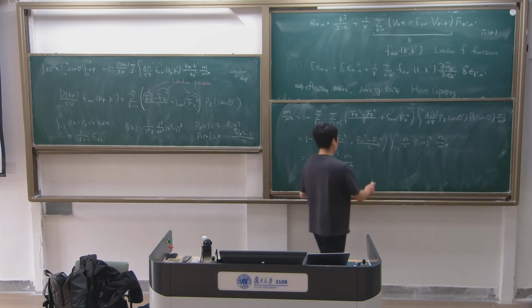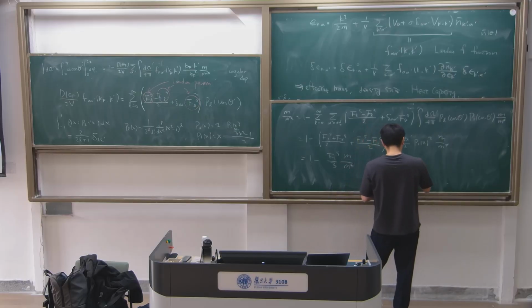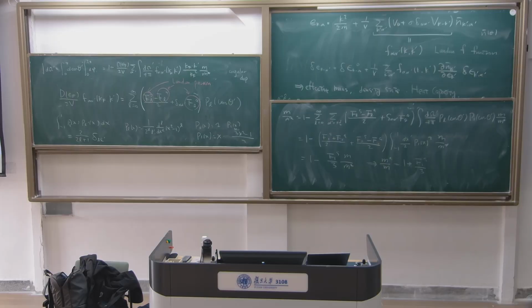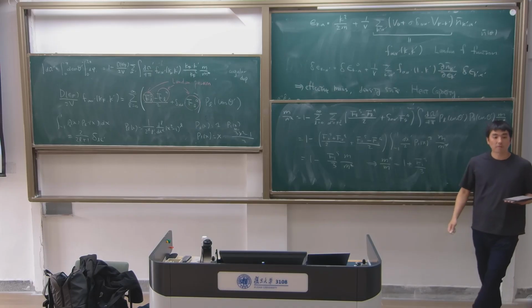Now from here we can derive the effective mass: m star over m is equal to 1 plus F1 S divided by 3. So that's very simple. All the calculation is very complicated, but at the end of the day you get that very simple formula.